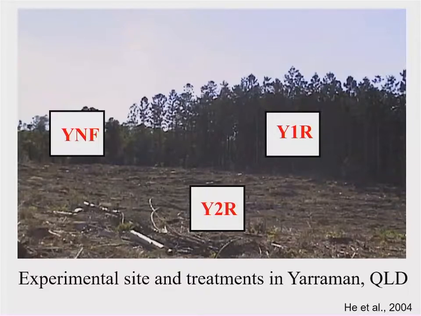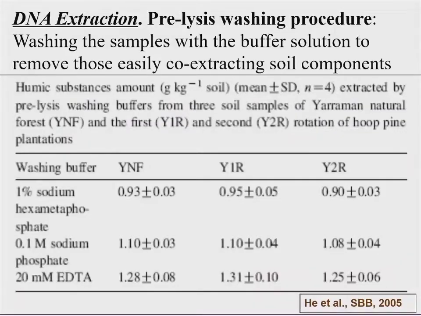So there is a lot of organic matter in the soil, and those humic compounds can be co-extracted with DNA. So we need to develop some method to improve the soil DNA extraction efficiency and also the purity.